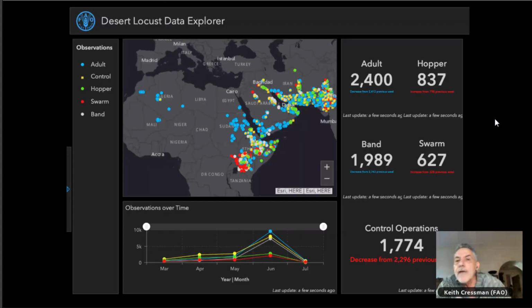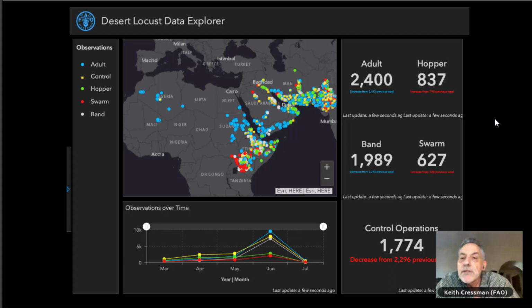Now, just before I finish, all of the data that's being collected by those devices that you've seen, the eLocust 3 family, is made publicly available for the first time this year in near real time, within just a few days of it arriving, from the middle of nowhere. And this is all online in a system that's been developed by Esri and FAO.